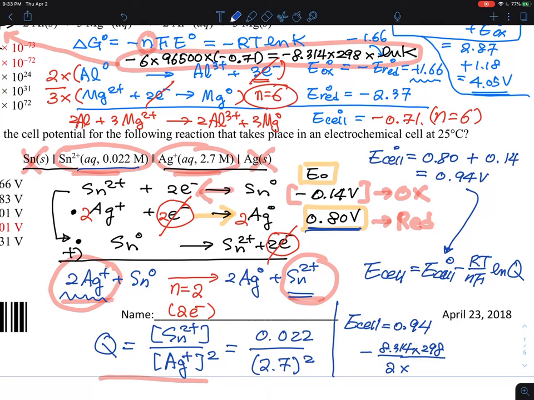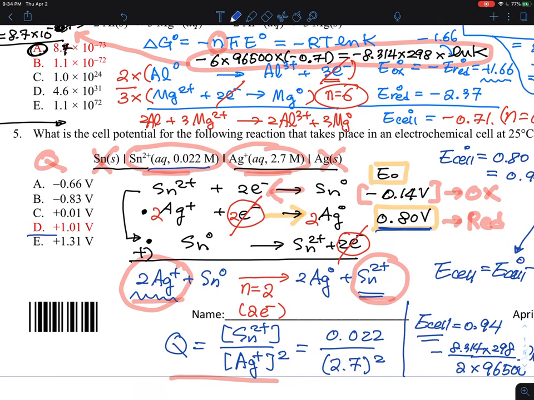And then I am going to give you F is 96500. Okay, that's the Faraday constant, and natural log of 0.022 over 2.7 to the square. Okay, and if you tally up, then you will get the number that is going to be this number. Okay, I punch the numbers and I confirm that this number is correct.